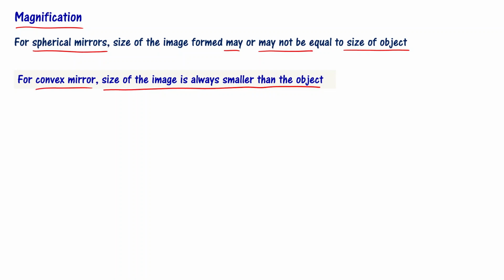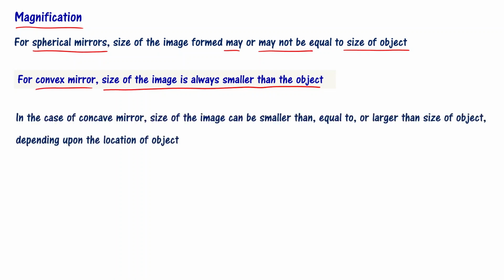Size of the image is always smaller than the size of the object in case of convex mirrors. But in case of a concave mirror, the size of the image can be smaller than, equal to, or larger than the size of the object, depending upon the location of the object.